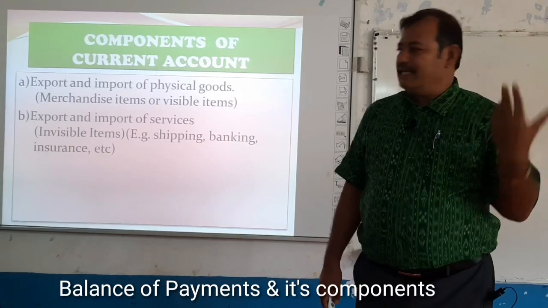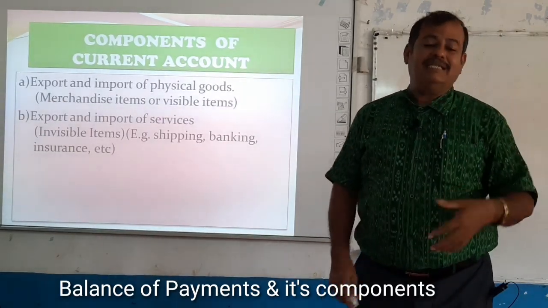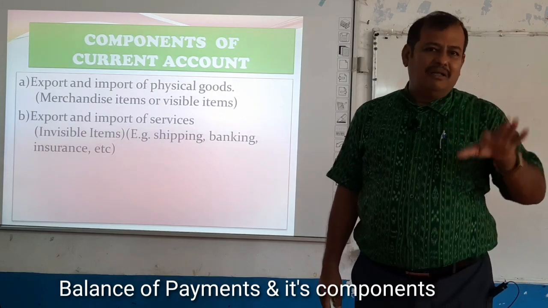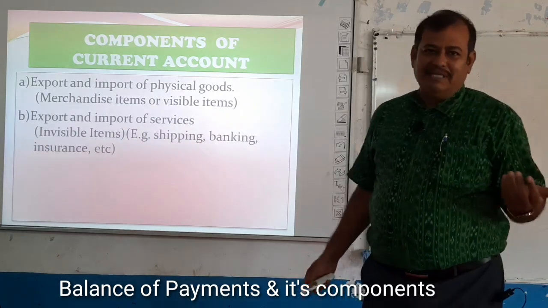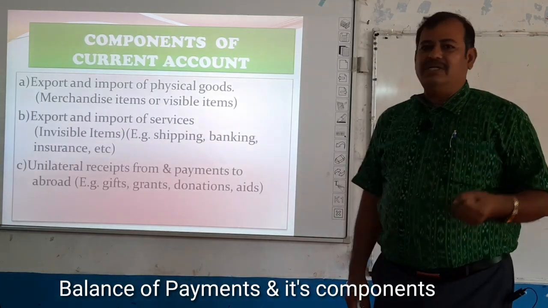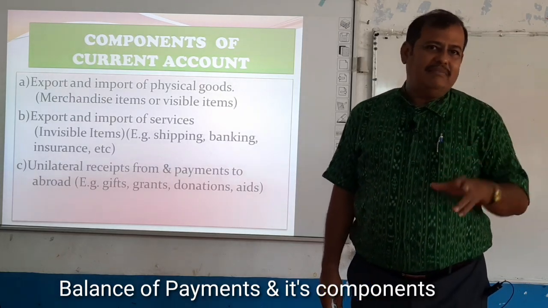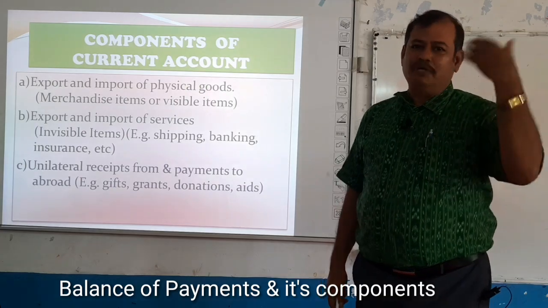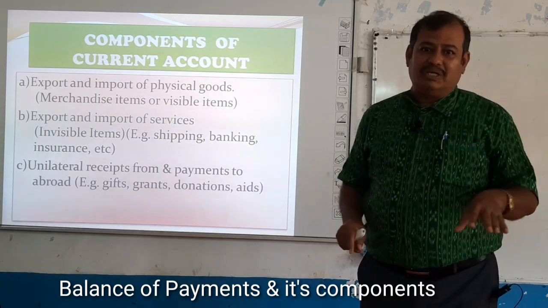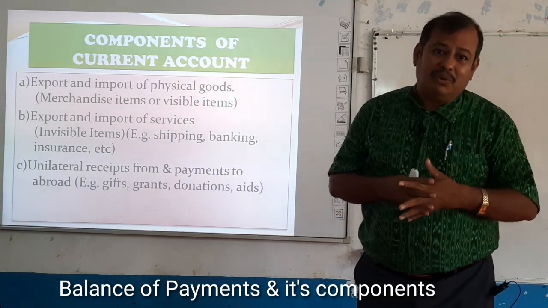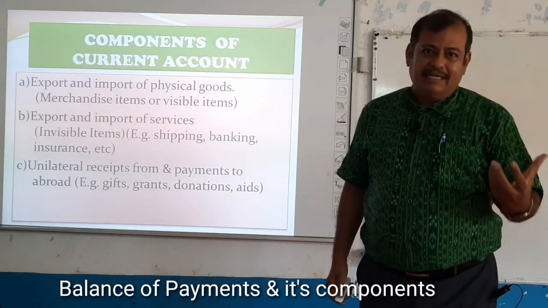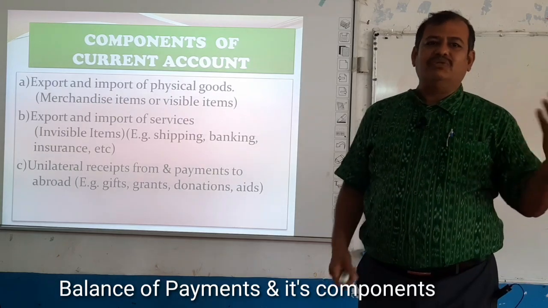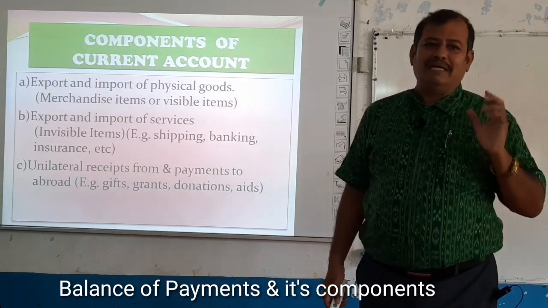Second, export and import of services, that is invisible items like shipping, banking and insurance. Next is unilateral transfers. Unilateral means one-sided transfers, whatever we receive and whatever we pay, but there is no exchange. It is only for grants, gifts, donations or help that we give to or receive from other countries.